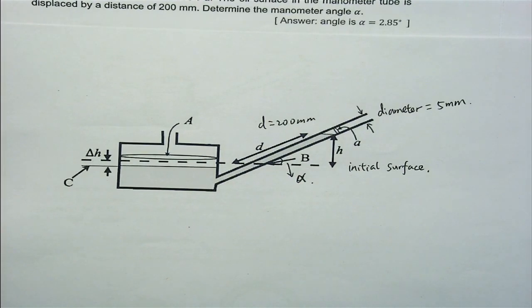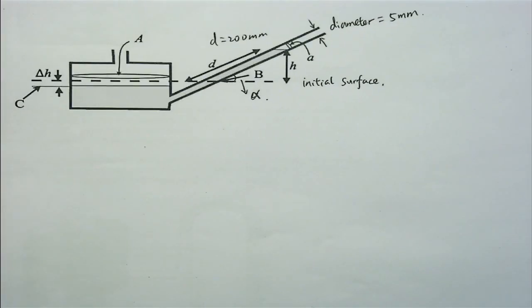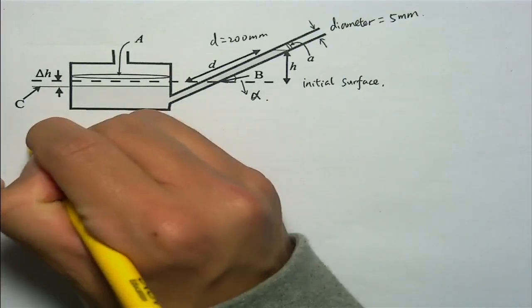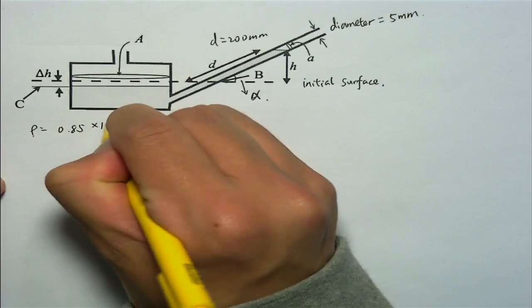So firstly, we could use the specific gravity to get the density here, which is rho equal to 0.85 multiplied by 1000.